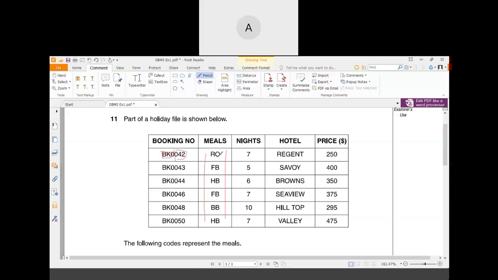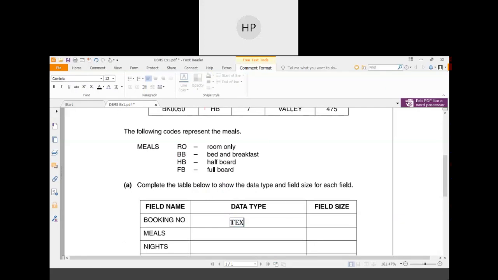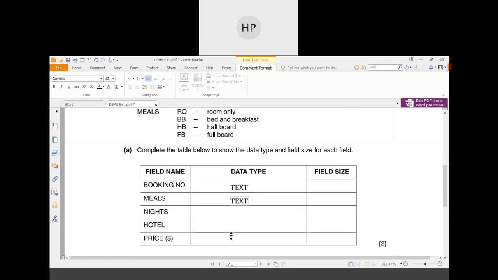It is also text because it has only text values. RO, FB, HB, BB, all are text values. So for booking number, we have text, and meals also we have text.